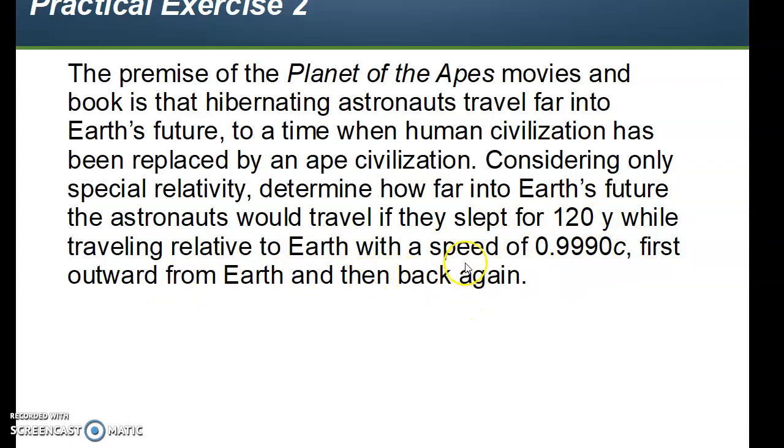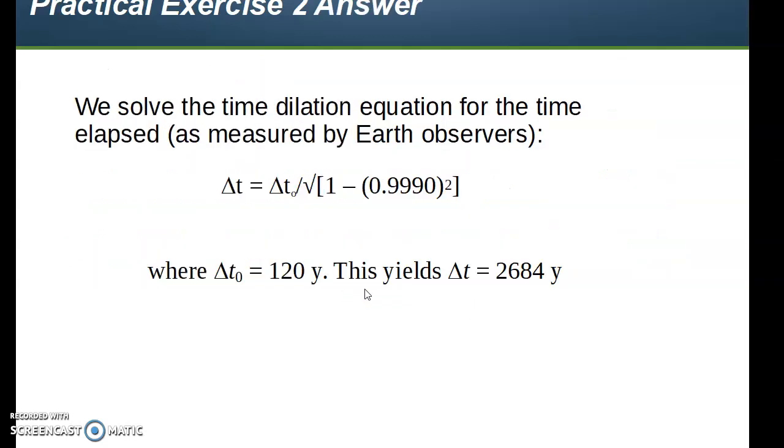Okay, so 120 years. We solve the time dilation equation for the time elapsed as measured by Earth observers. That's your delta t. This delta t0 right here is your 120 years that they themselves experience.